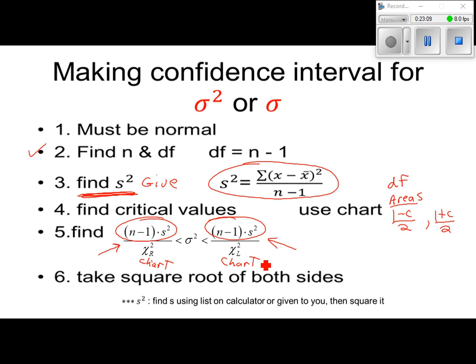Take the square root of both sides. If we just wanted the variance, then we stop here. If we want to go on and do the standard deviation, then we've got to take the square root of both sides to find that interval.